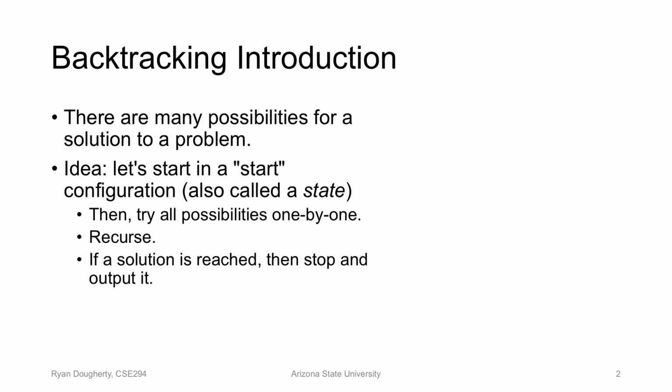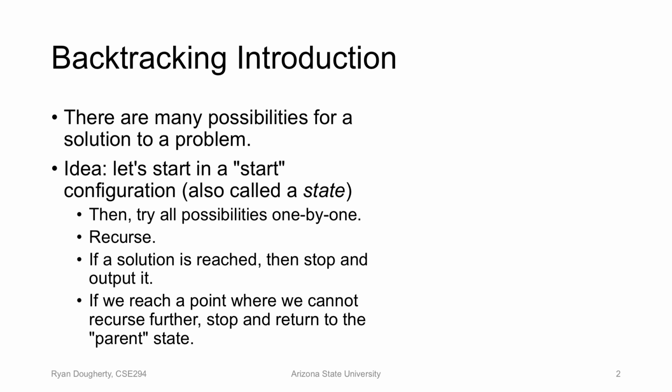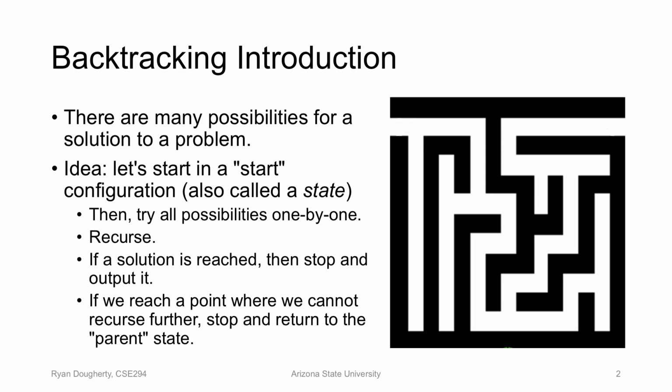So if a solution is reached, because I assign all the values and it actually is a solution, then I just stop, because I found a solution. If we reach a point where we can't recurse further by assigning a value, then I must stop there and return to where I was before. I must go one level up in the recursion.